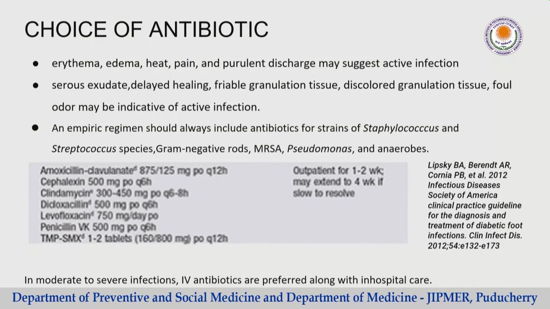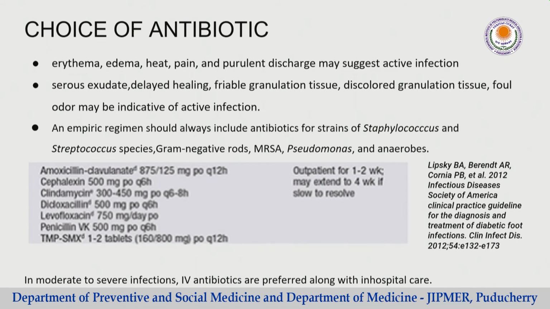The choice of antibiotic: not all patients with diabetic ulcers require antibiotics. Certain features suggest active infection such as erythema, edema, warmth, pain, purulent discharge, serous exudate, delayed healing, friable granulation tissue, discolored granulation tissue, and foul odor may suggest that there is an active infection going on.